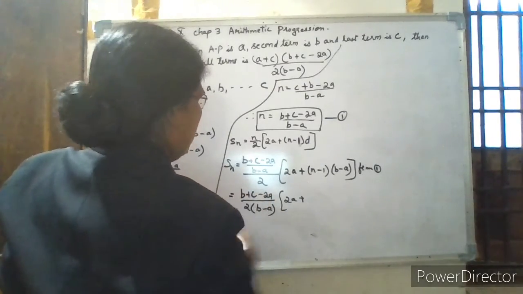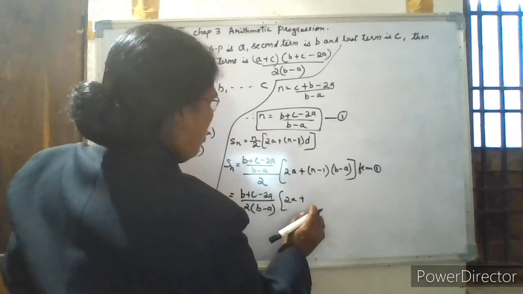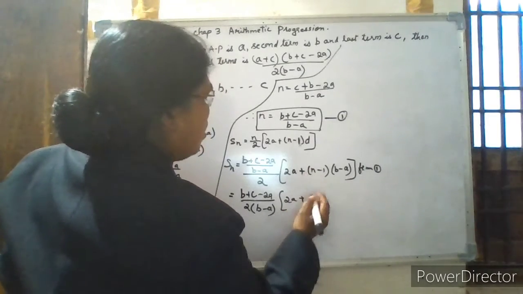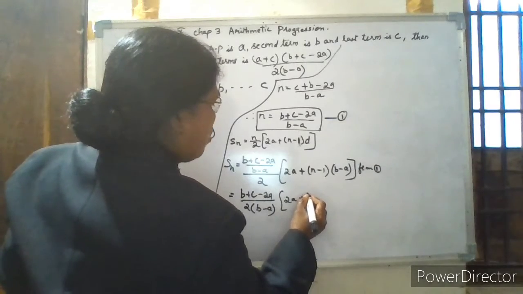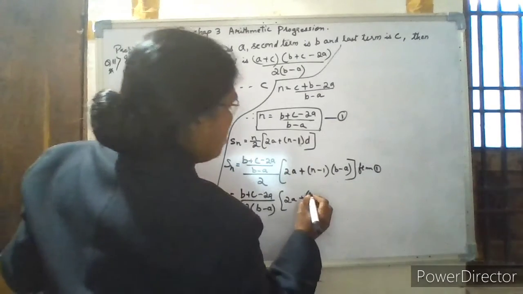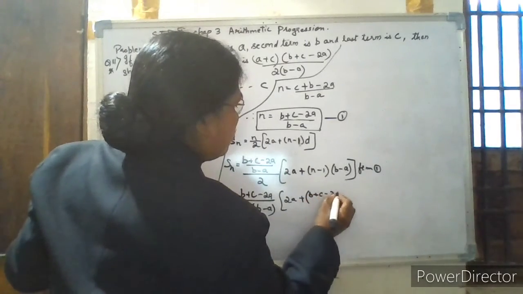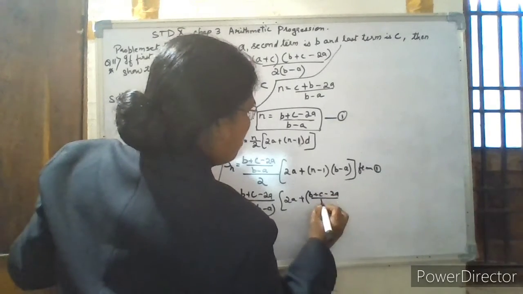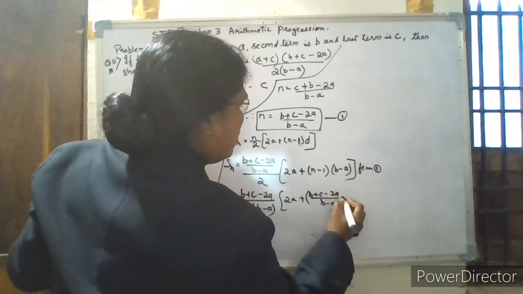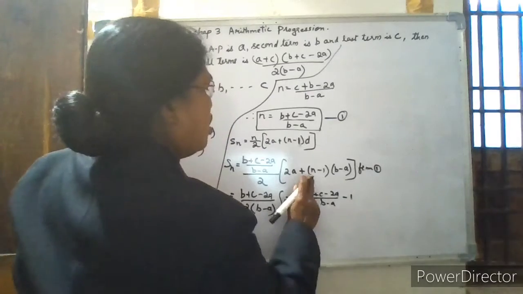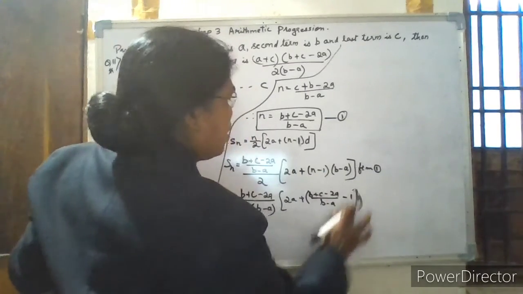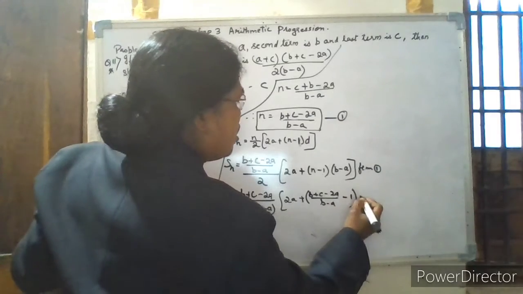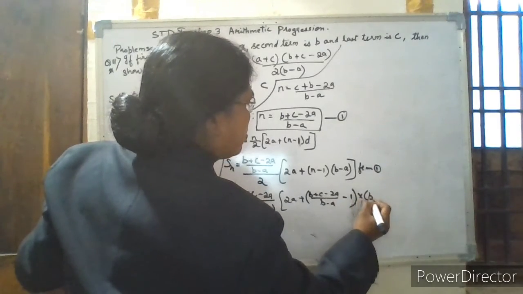Now, here is n minus 1. The n value I will put in, that is b plus c minus 2a upon b minus a, this whole thing minus 1, that is n minus 1, into this b minus a as it is.